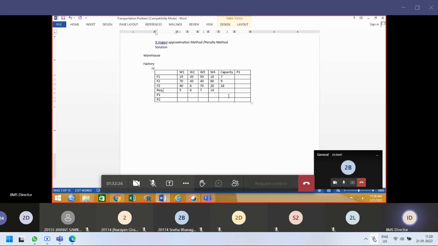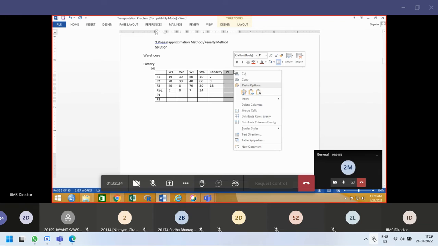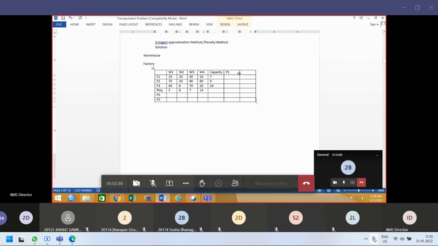Requirement. Insert P1, P2, P3, and so on. We have to go on calculating the penalties, right? Okay, how to calculate the penalty, row-wise and column-wise, I will tell you.